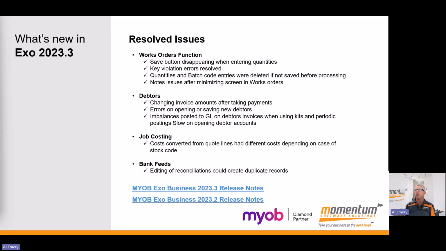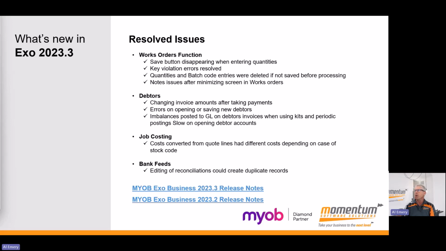So the most recent release, which is the 2023.3 release, resolved a number of annoying issues with work orders. Work orders are an assembly or simple manufacturing feature in MYOB EXO. So there were a couple: the save button disappearing, some access violation errors, and some quantity and batch code deletions happening that should not have been. So those have been resolved.